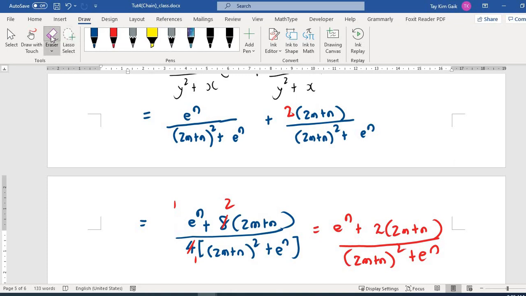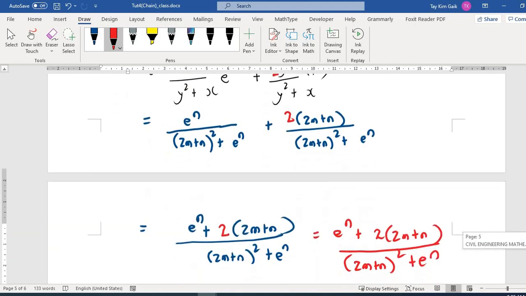That's already simplified. Now you have the same denominator, so combine it and you can add up your numerator: e to the n plus 2 times 2m plus n. So this is your del z del n.